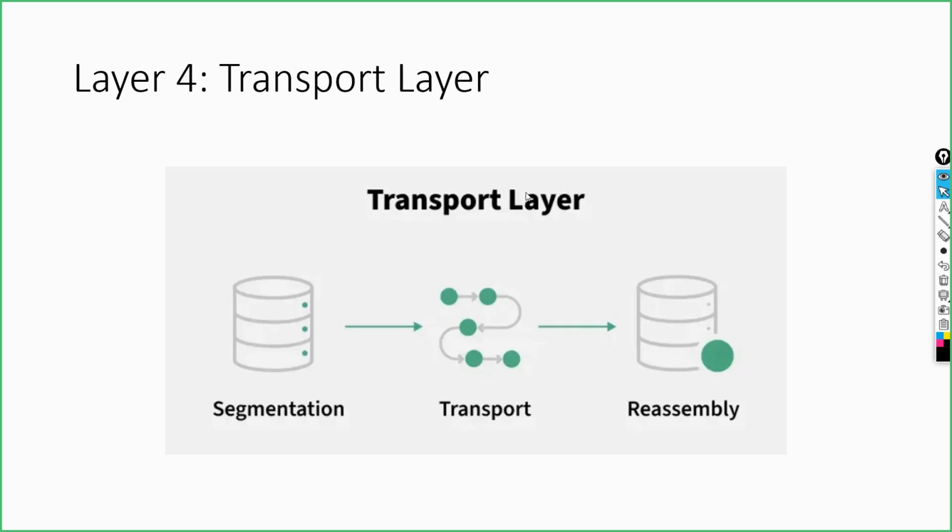What exactly happens is that in the physical layer, the data is transmitted in the form of bits. In the data link layer, it is transmitted in the form of frames. In the network layer, it is transmitted in the form of packets.